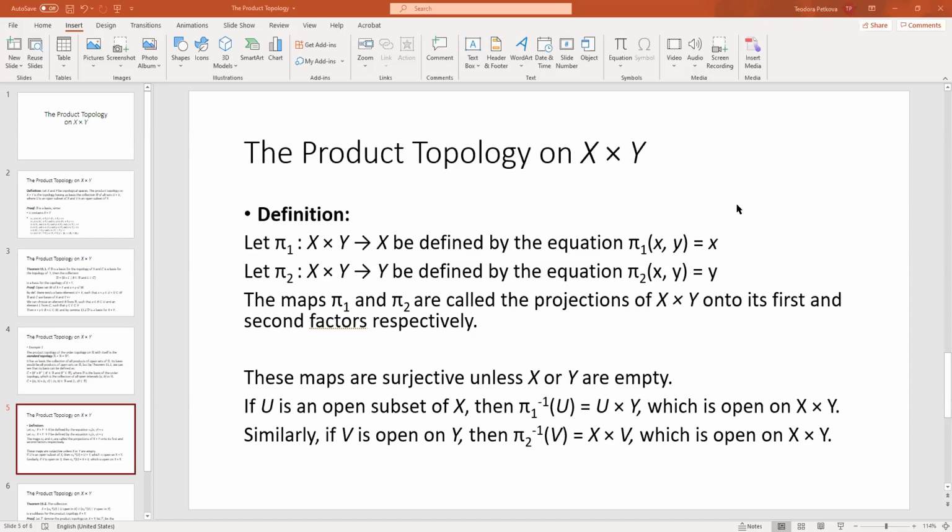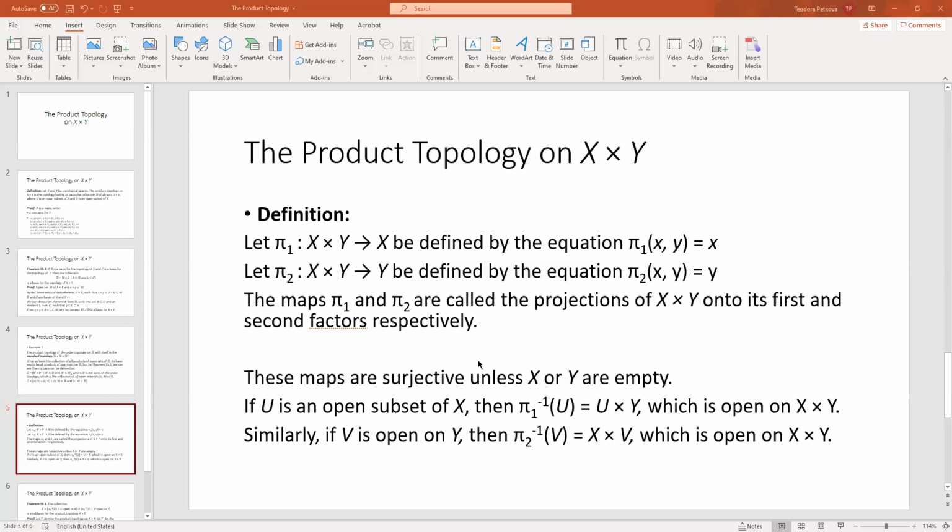These two projections are surjective, since for every x there exists a product (x, y) which gives us this x, and unless X or Y is empty, those maps are surjective.